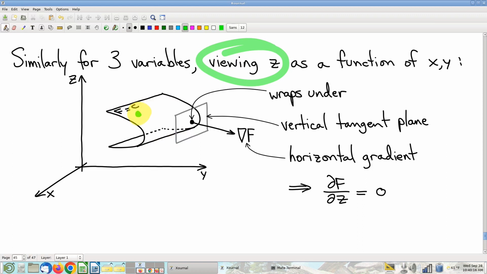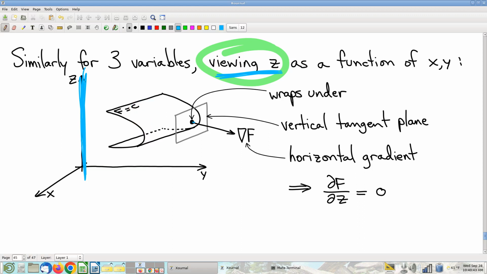Locally, can I view z as being a function of x and y? In other words, do my vertical tangent lines in the direction of the variable that I want to view as being a function, do I have any multiple intersection problems? Nope, not a problem at all. Right here, it's fine and dandy. Yes, locally you can view z as a function of x and y. No issue.